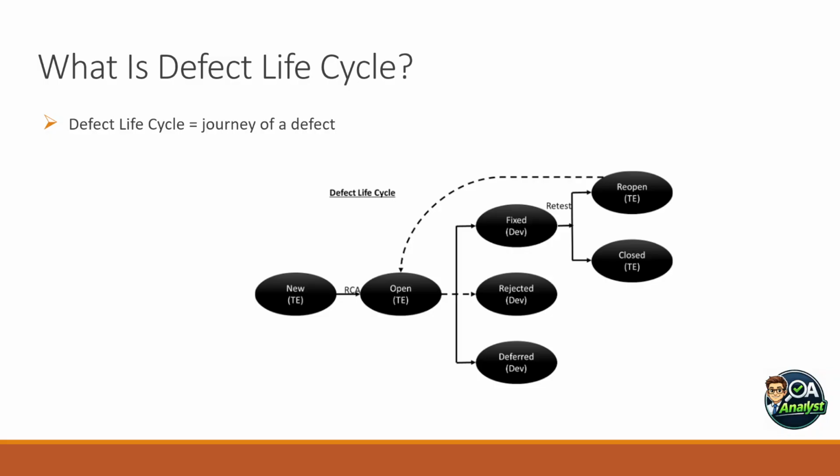The common reasons for rejection are: the functionality works as per the requirement, the defect is not reproducible, it is the expected behavior and was misunderstood by the test engineer, it is related to environment issues, it is a duplicate defect, it is hardware or networking related, it is an enhancement, or it needs some more information. In such cases, the developer may mark it as rejected.